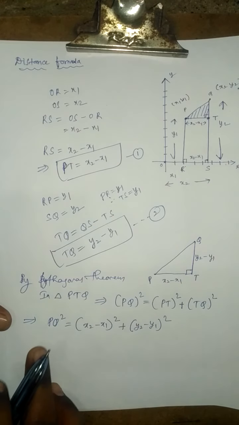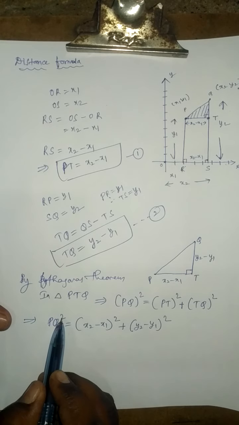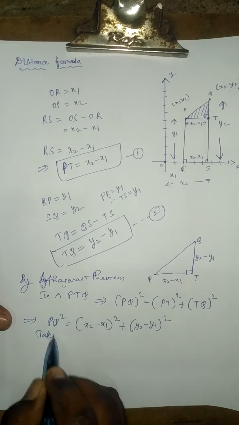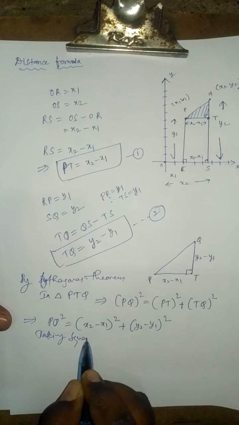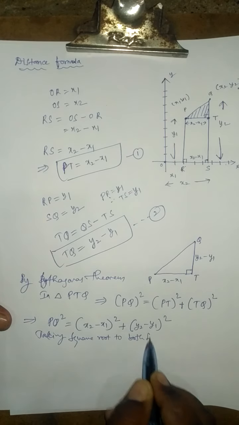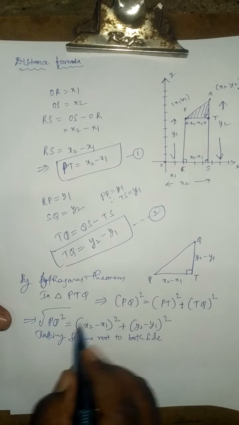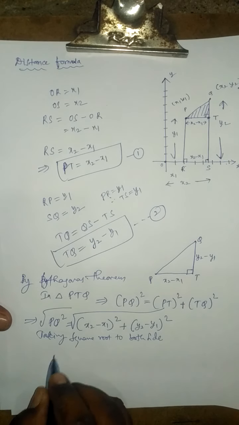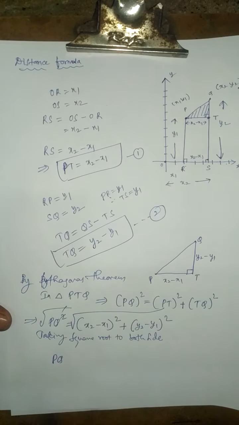So here to remove this square, taking square root to both sides. If you take square root to both sides, what happens? PQ, here square and square root, it will get cancelled.